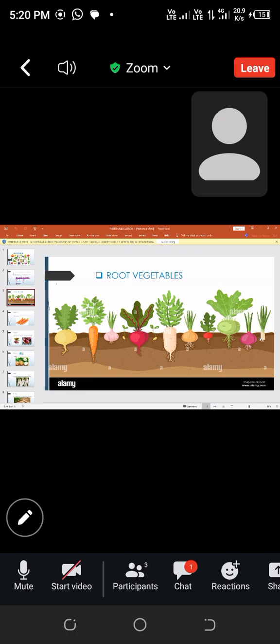This is a classification of all vegetables, but we are going to focus more on root vegetables. For example, from that graphic, you can see the carrot, the beetroot, the parsnips, and all that. We now go to the next presentation, that is carrots.